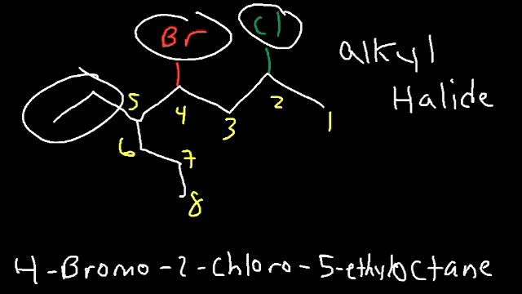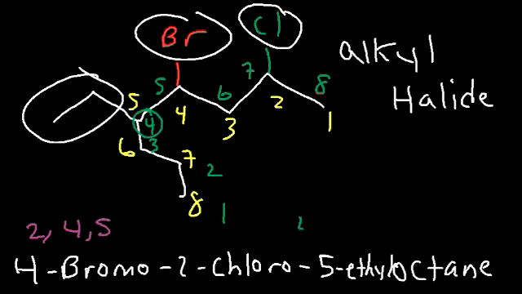So the way we have it here, we have a group on 2, 4, and 5. Now let's say if we counted it in the other direction. So let's say if this was 1, 2, 3, 4, 5, 6, 7, 8. We would have an ethyl group on carbon 4, and then we would have the bromine group on 5, and the chlorine on 7. 2, 4, 5 is smaller than 4, 5, 7. So the way we numbered it was correct.